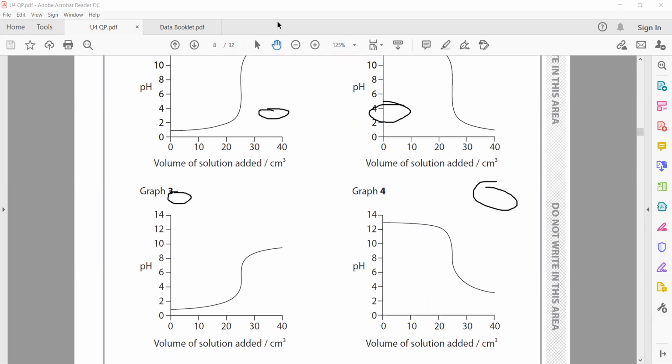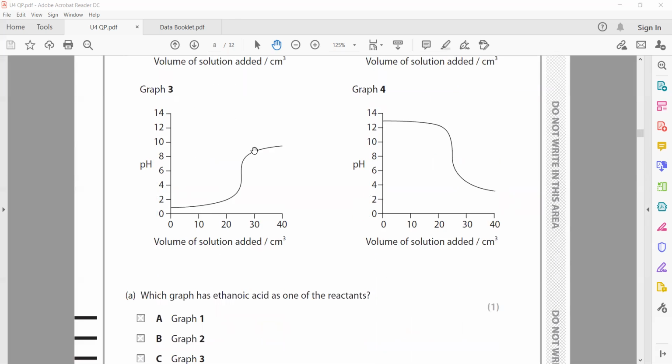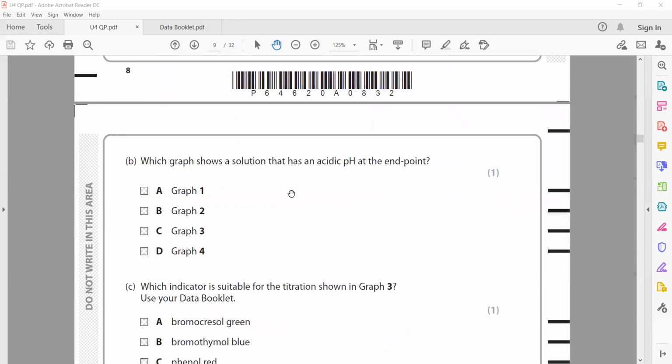Here weak base is reacting with weak acid. Here strong base is reacting with weak acid. But in this one, it is strong acid reacting with weak base. So which one of them will give an acidic solution? Because strong acid is there, for graph C, the third graph, you will have an acidic pH.